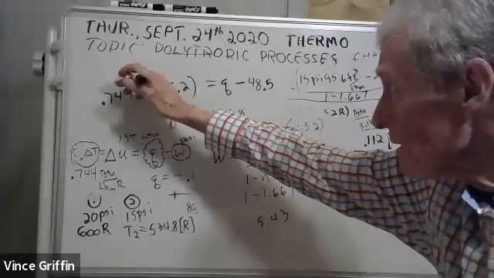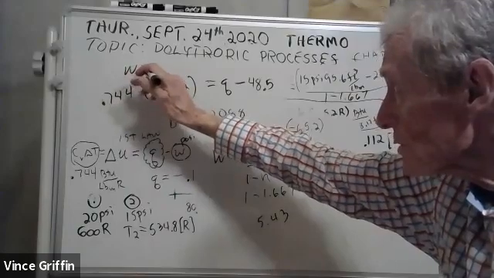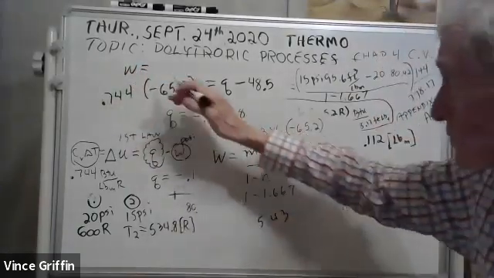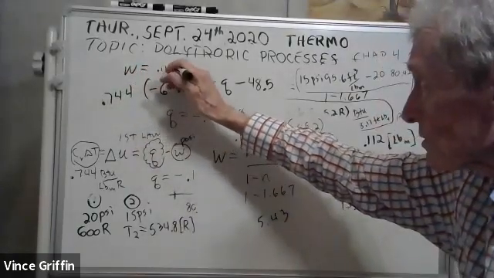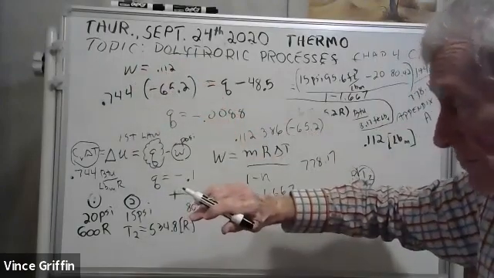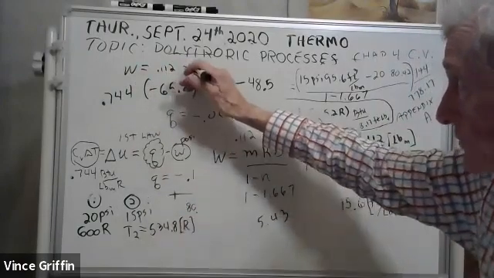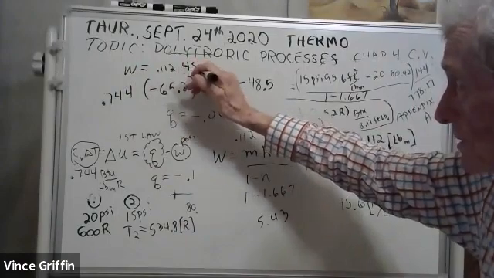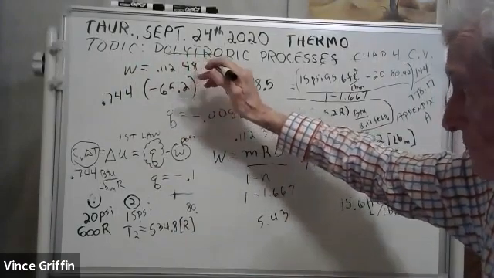It's kind of like big Q is equal to M little q. There we go. Big W should equal the mass, which is 0.112, times little w, which was 48.4.